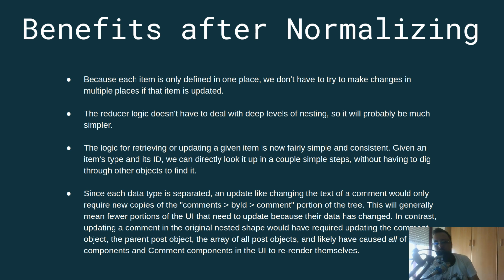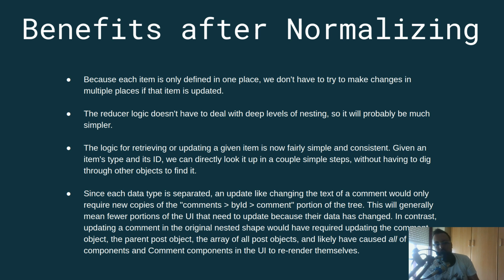Now we access, in this example, the posts byId, and we pass the ID as the position, and we have its value, the complete object. So easy. And the fourth point is, now we don't have to update all the components every time we update the object. That's the references, what I was telling you about, why we were changing. So we have these benefits.